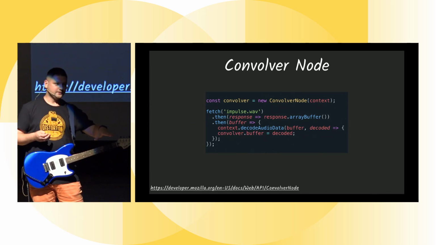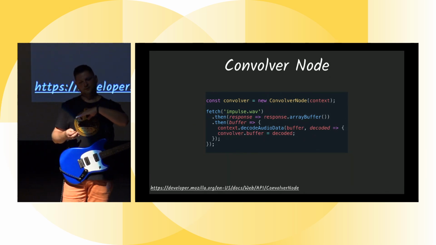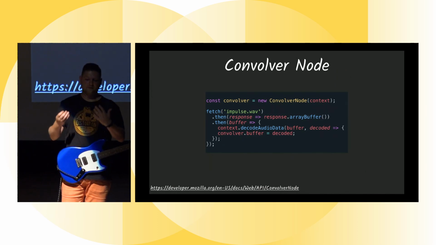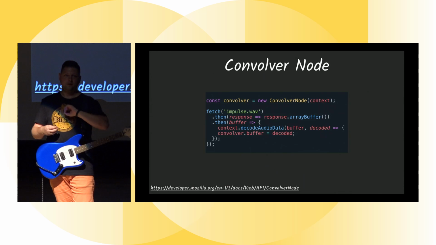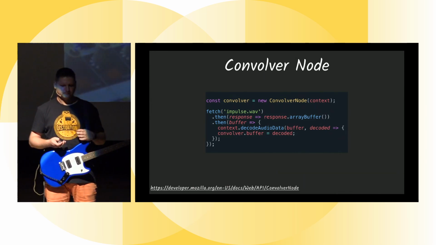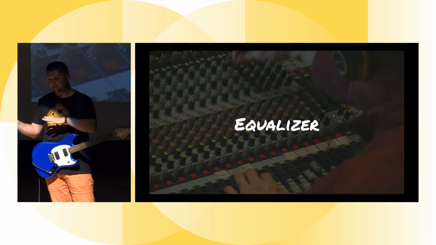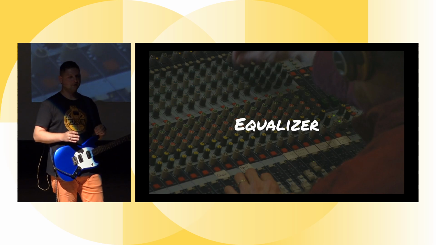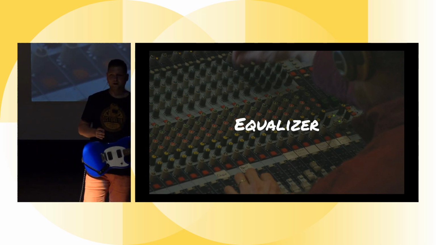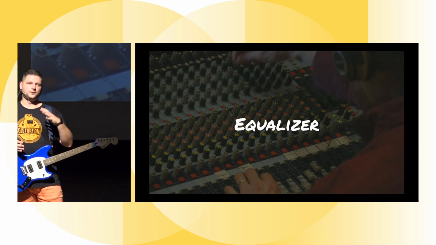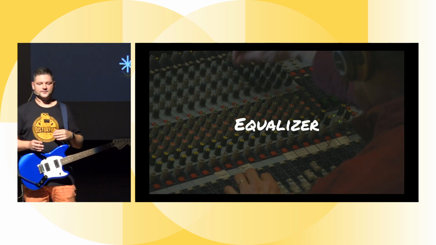So all sounds that go through this convolver node will go through this impulse response, so it will be adjusted according to our sample. And next, amplifiers usually have at least 3-band equalization. So to have more control over the tone stack on our guitar cabinet, we want to create a 3-band equalizer.